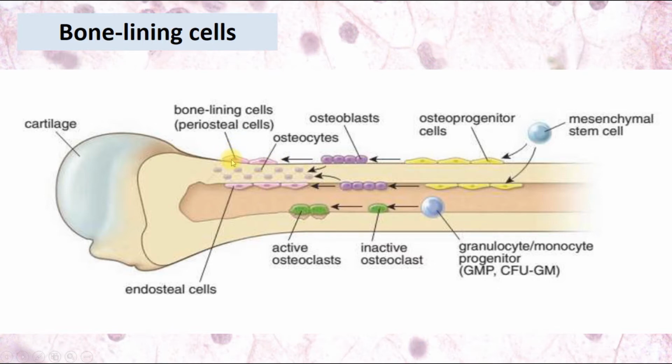So bone lining cells are inactive osteoblasts. They are located on the surface, but they have a flattened shape, and they now don't produce new matrix. So inactive osteoblasts are bone lining cells. They are present in the periosteum, in the endosteum inside the bone, and in some textbooks you can find information that bone lining cells are a kind of osteoblasts.